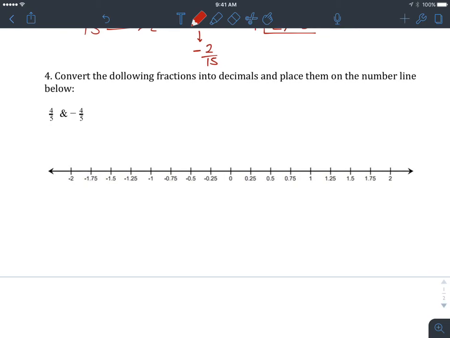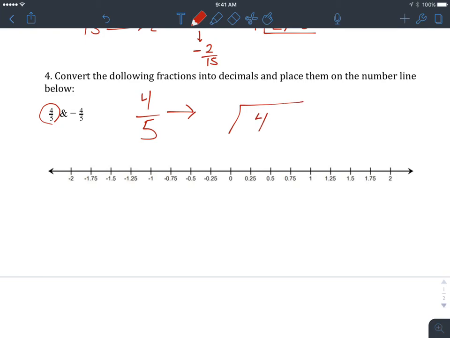So for this one, we're being asked to convert the following fractions into decimals and place them on the number line. So we've got 4 over 5, and we want to turn that into a decimal. How do you turn a fraction into a decimal? By using long division.